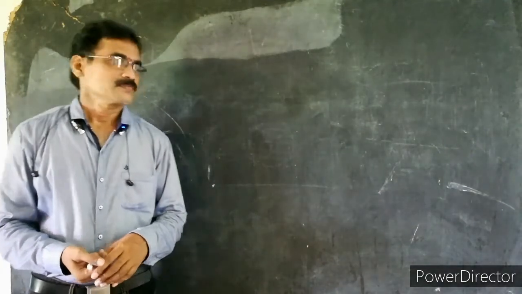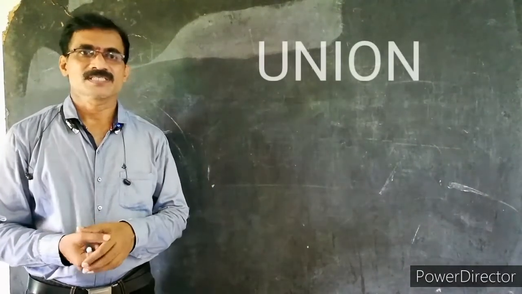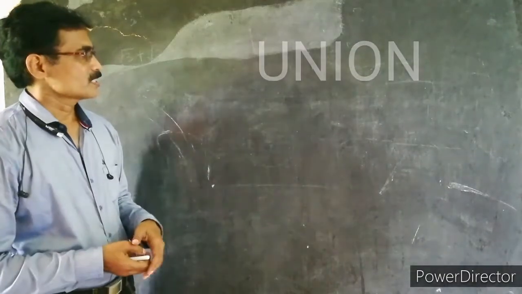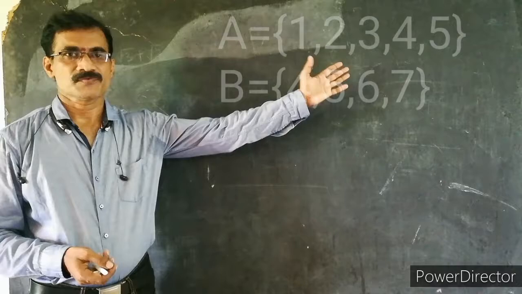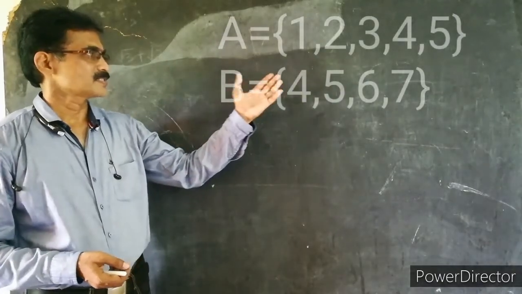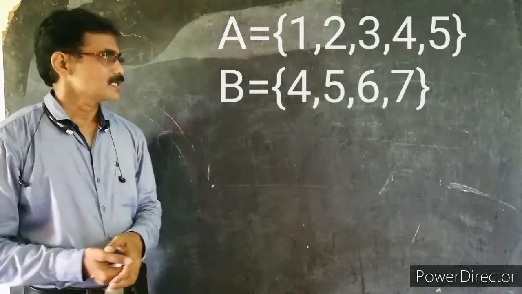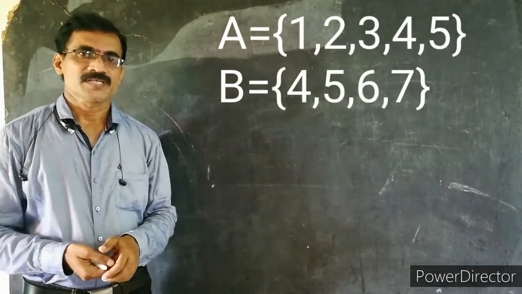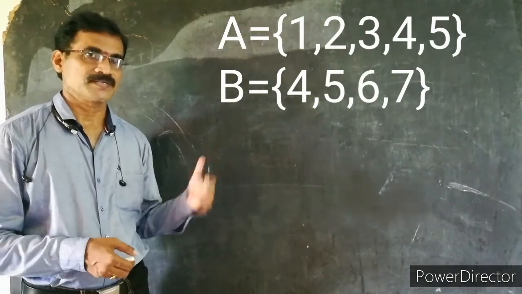Now the first operation, union. How to represent a union by using Venn diagrams. Let us take two sets. A is a set of 1, 2, 3, 4, 5 and B is a set of 4, 5, 6, 7. Now how can we represent the union of these two sets by using Venn diagrams?